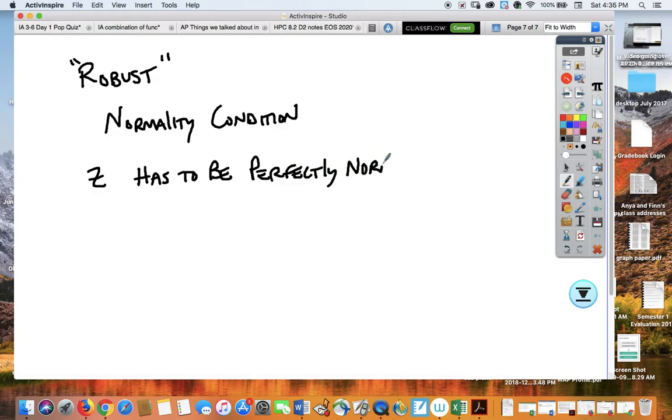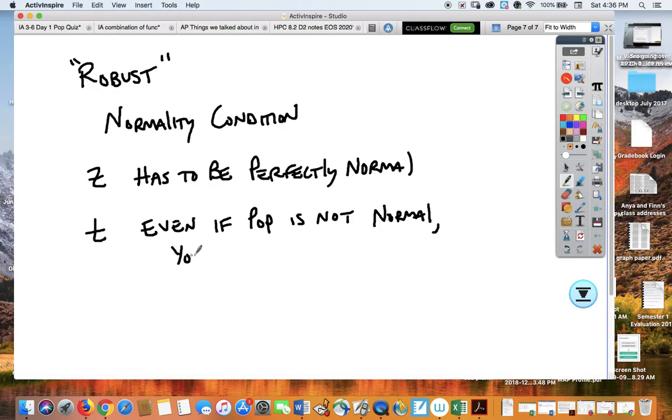In order for you to be able to use your Z chart, you have to have a totally normal curve. T, though, is not exactly normal. It's close, but not quite. So even if the population is not normal, you can still maybe use T.